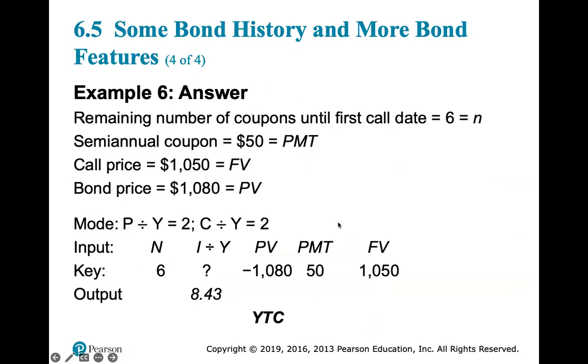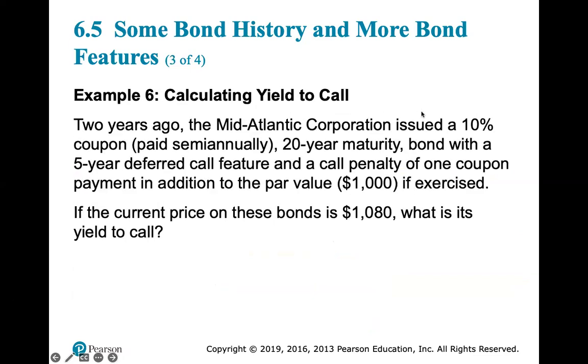Now, the remaining number of coupons until the first call date is basically what it says here. But look at here, guys. When the bond was issued, it was issued 2 years ago. Means that if you're here, 5 and 0, you're somewhere here, like 2 years passed.